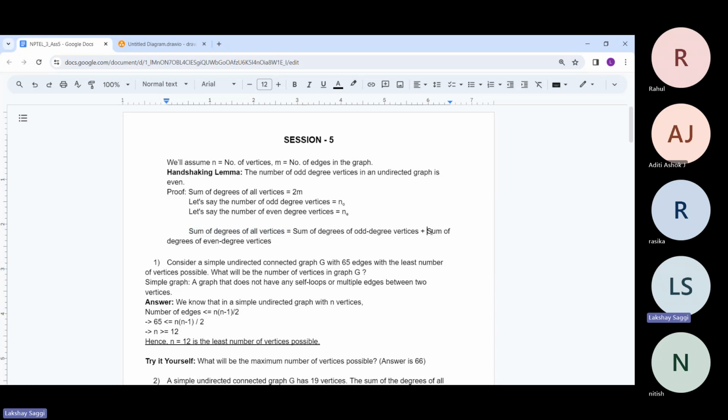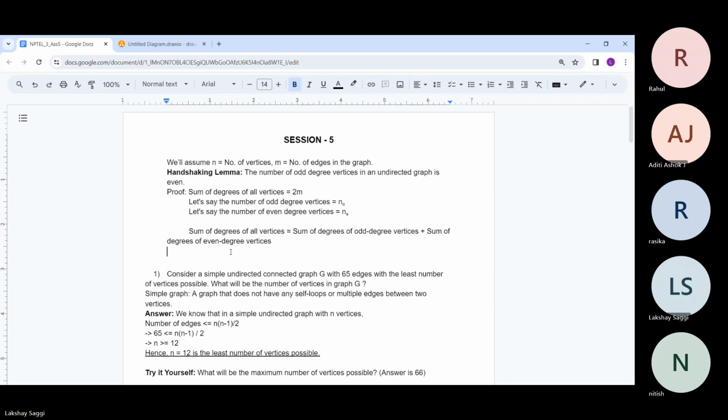And the sum of degrees of even degree vertices should also be even, because we are counting the even degree vertices here, and a sum of even numbers is always even. So this part will be even, and this part will also be even.